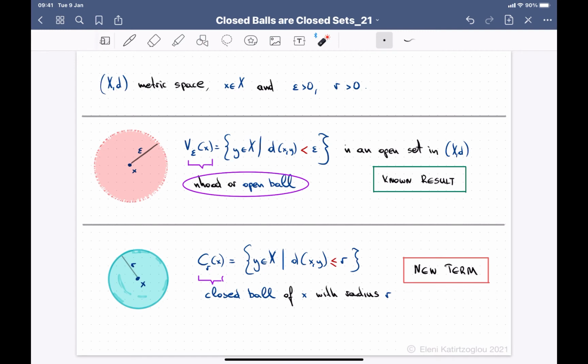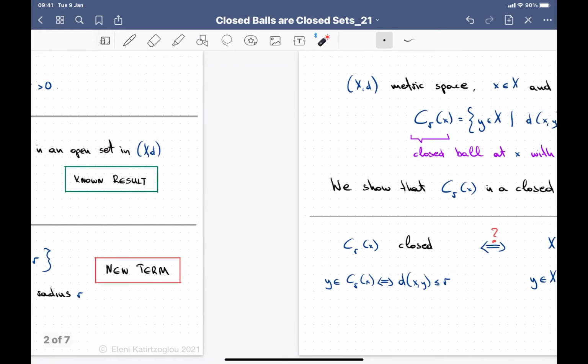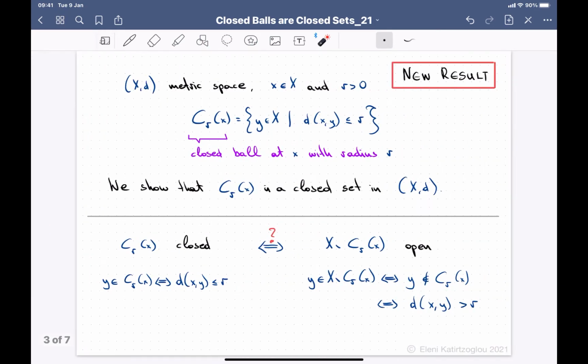What we are going to do in this video is show that the closed ball is a closed set in the metric space (X, d). This is the statement we want to show.